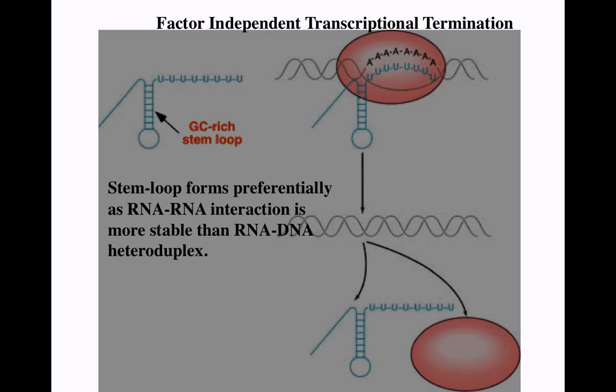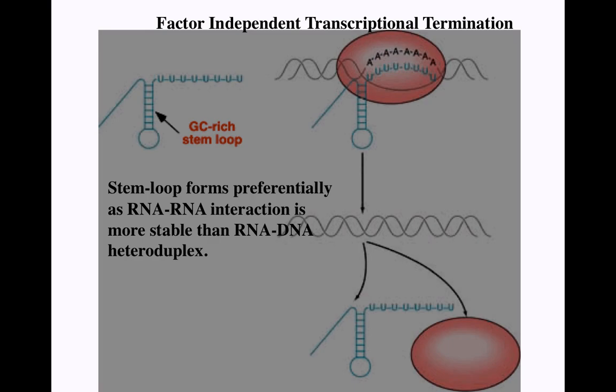So anything that decreases the hydrogen bonding between template and messenger RNA tends to destabilize that enzyme DNA structure. When that inverted repeat is transcribed into messenger RNA, the messenger RNA will form that stem spontaneously, because RNA-RNA base pairing is favored over RNA-DNA base pairing.